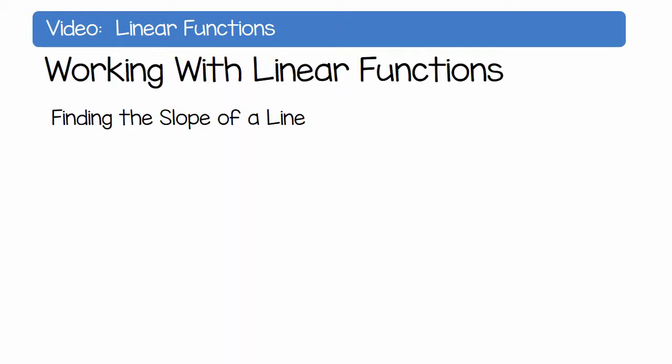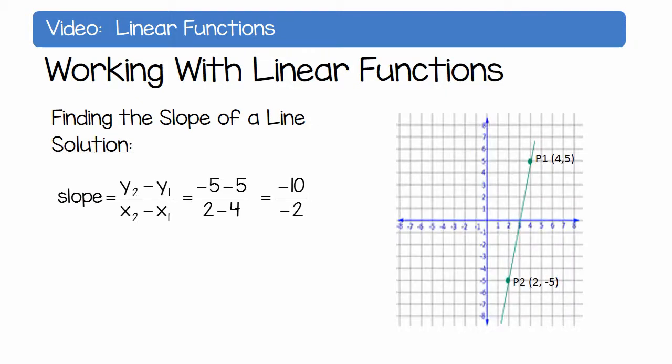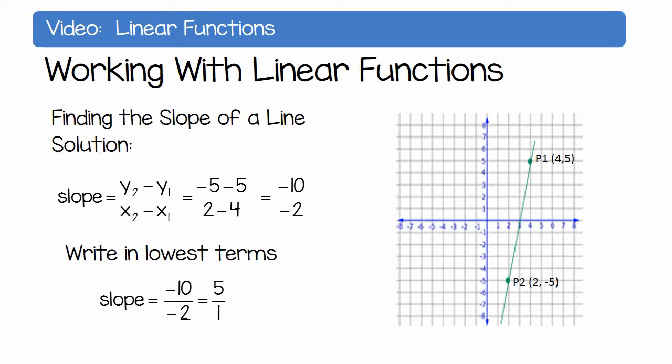Now that you have found that the slope of the line is negative 10 divided by negative 2, write the slope in lowest terms. Negative 10 divided by negative 2 would equal 5 over 1.